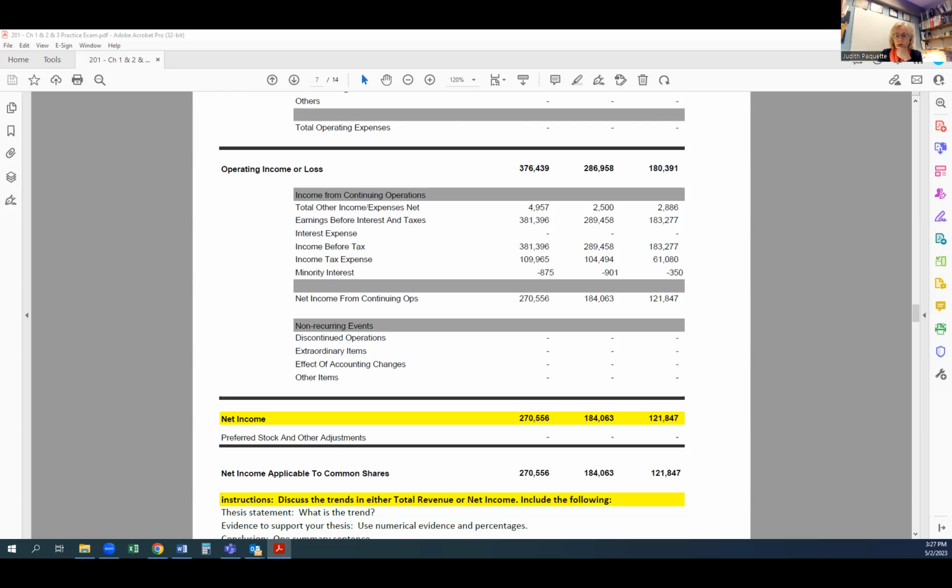Okay, so total revenue for a store would be the money that the customers give when you buy something at that store. If I go in and buy a cup of coffee at Starbucks, it will probably be $5.